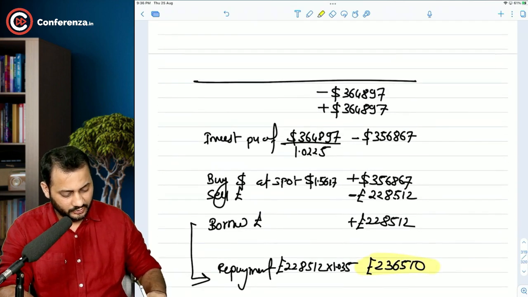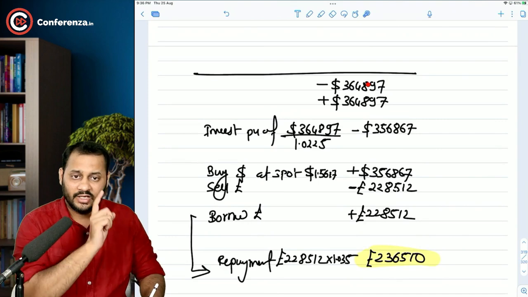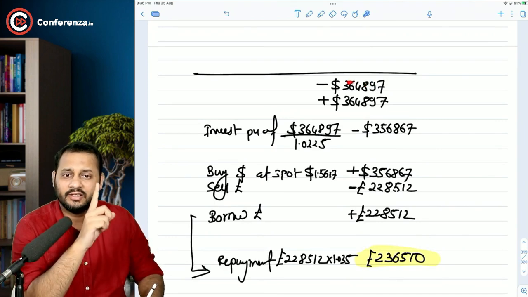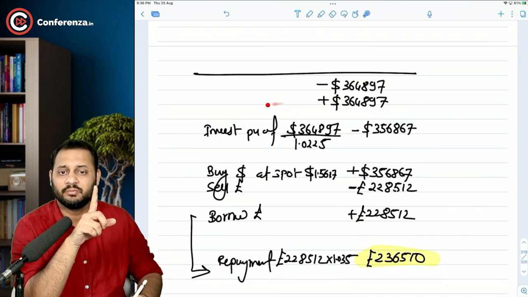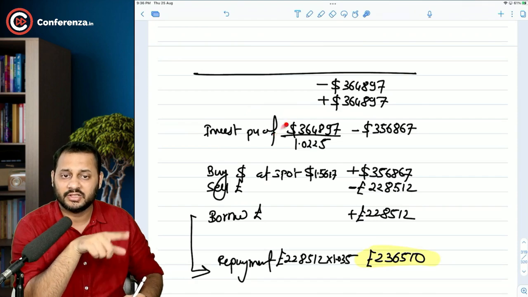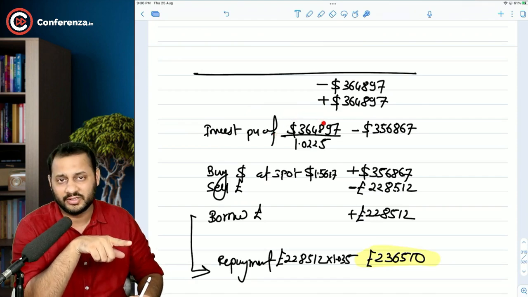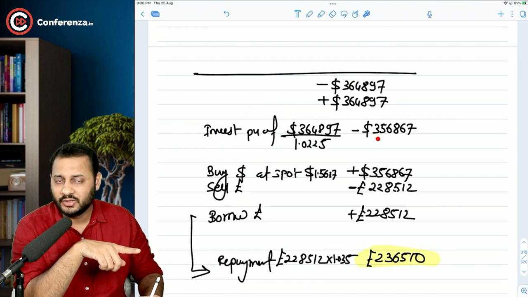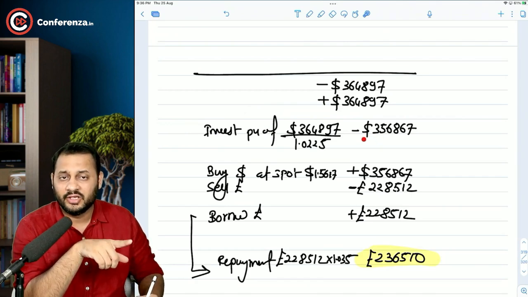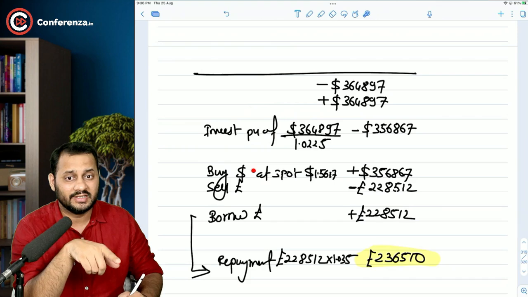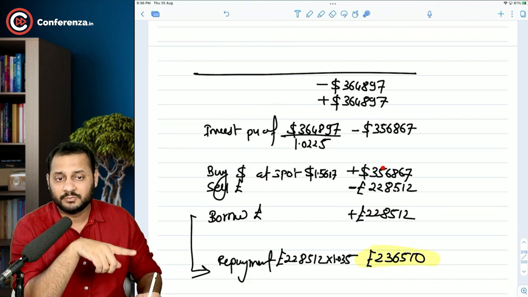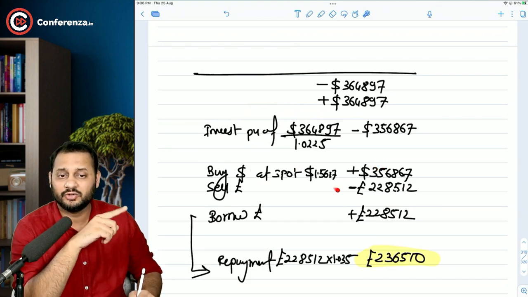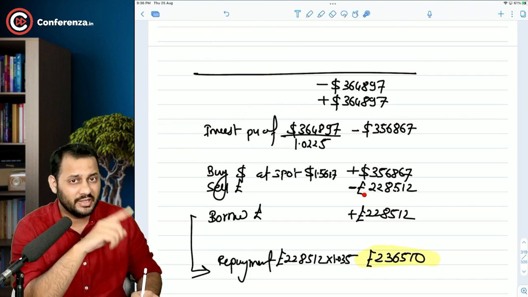See, all the things, I'm repeating: we had a liability of 364,897. We created receivable. For that purpose, we have to invest today the present value of what we want to receive. This is the present value that we invested, and before investing, we need to buy it today itself at a spot rate. Plus, please understand, if you are buying dollars, you are selling GBP, which is the base currency.